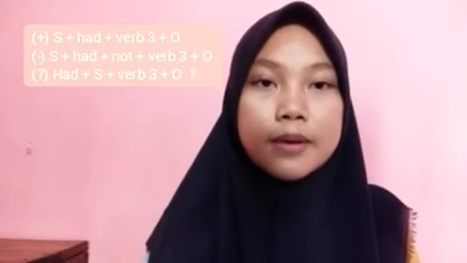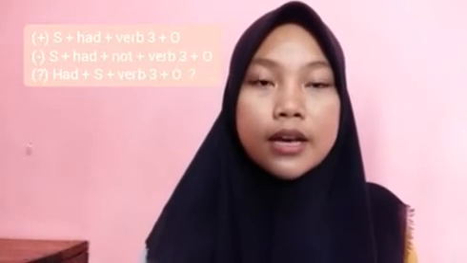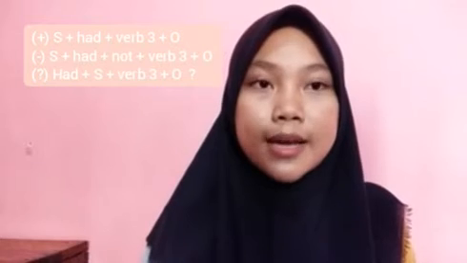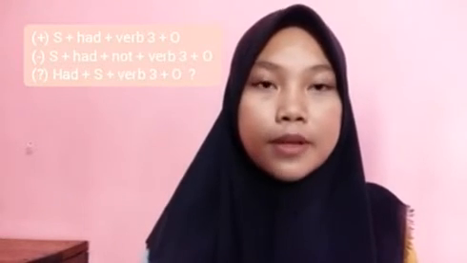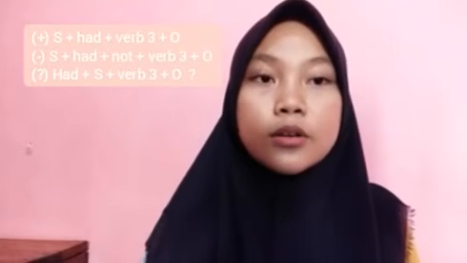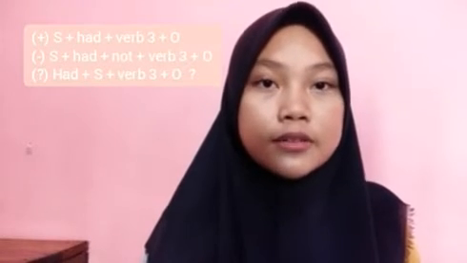The formula is for positive form, subject plus had plus verb 3 and object. Negative form, subject plus had plus not plus verb 3 and object. Interrogative, had plus subject plus verb 3 and object, and don't forget to put a question mark.